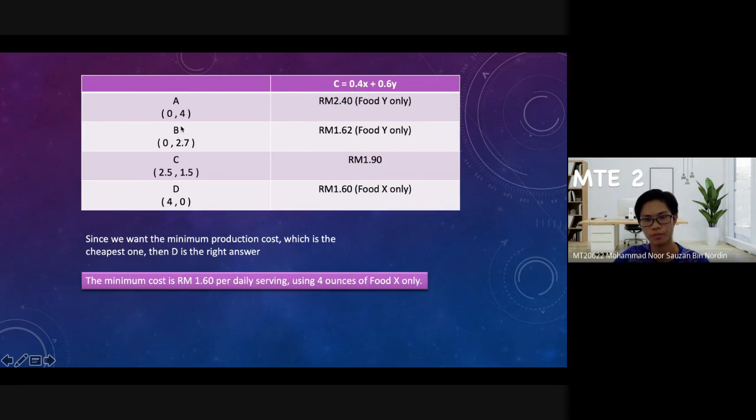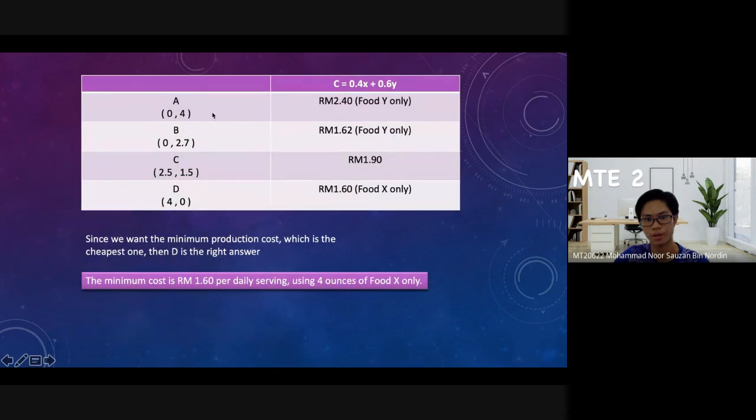And for point B, it is 1 ringgit 62 cents, a little bit lower than point A, also using food y only. And C, 1 ringgit and 90 cents, and D, which is the optimum point earlier, 1 ringgit and 60 cents. As we can see here, D has the lowest price among the 4 points that have been given in the graph.